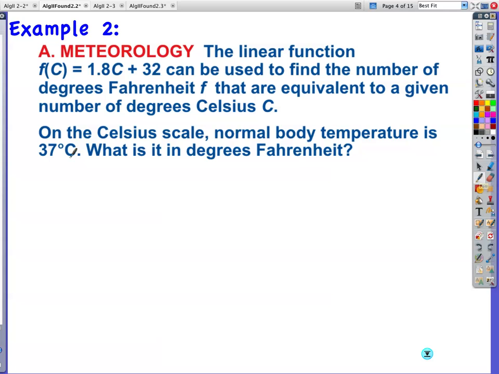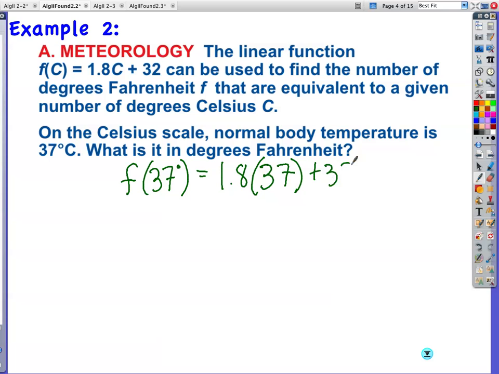So basically, we already know the c value is 37 degrees. So instead of writing f of c, we put f of 37 equals 1.8 times 37 plus 32.